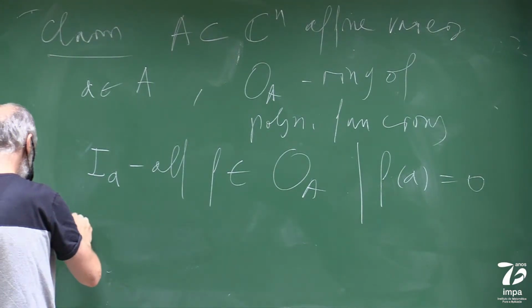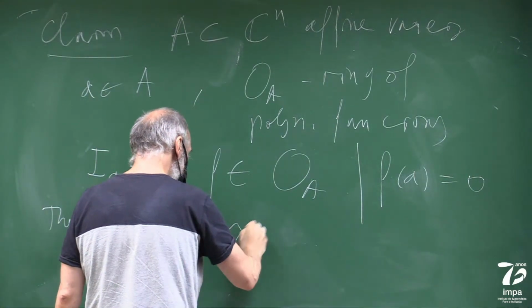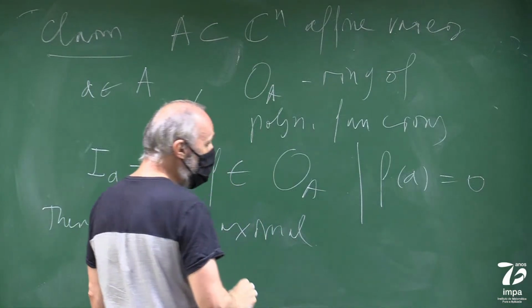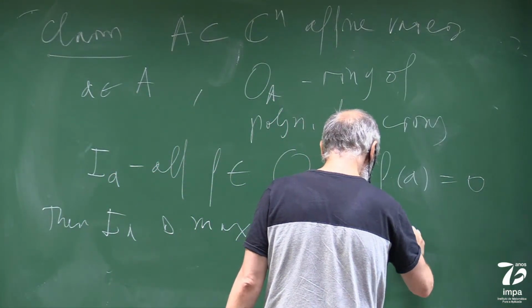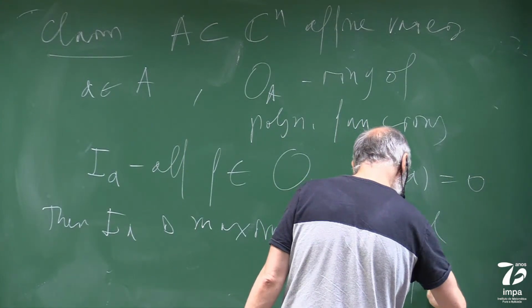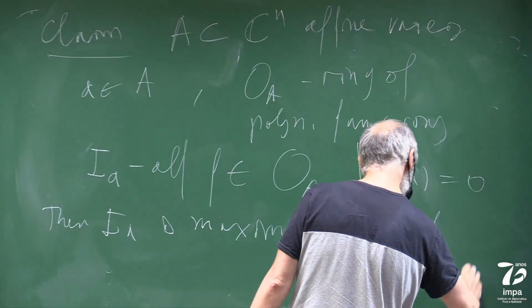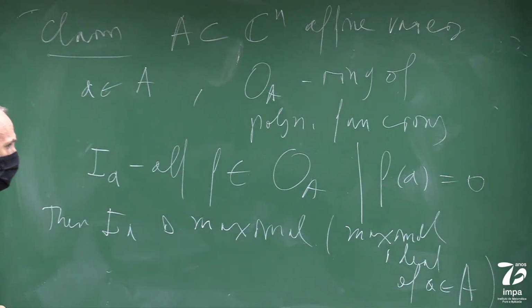Then I_a is maximal. It's called the maximal ideal of a point. Okay, proof.